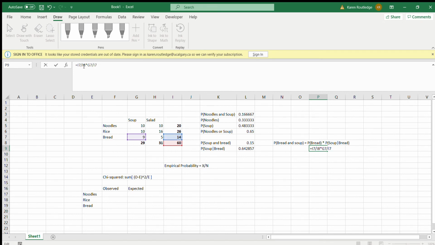So it shouldn't matter according to the order of operations, but just so it's clear, there's our first probability, the probability of bread, and we'll multiply that times our second probability, soup given bread. And so we see the probability of bread and soup given bread is 0.15, which is the same as we calculated here, the probability of soup and bread, 9, divided by the total number of days, 60 days.